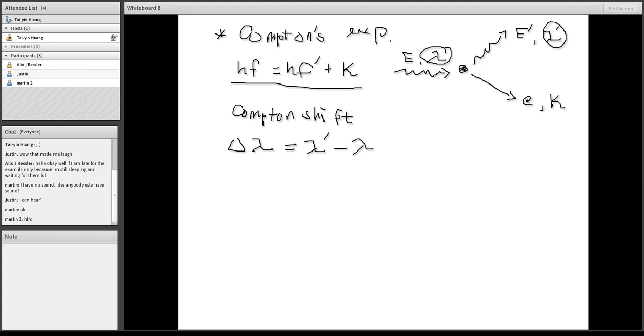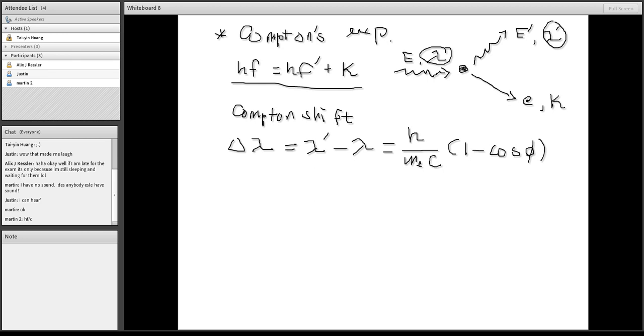The other equation you can use is that it can also be calculated as the Planck constant over the mass of the electron times the speed of light, times 1 minus cosine of the angle. It depends on where the detector is located in reference to the horizontal line, and that's your angle phi. Once you know the angle, plug into that equation and you'll be able to figure out the Compton shift.